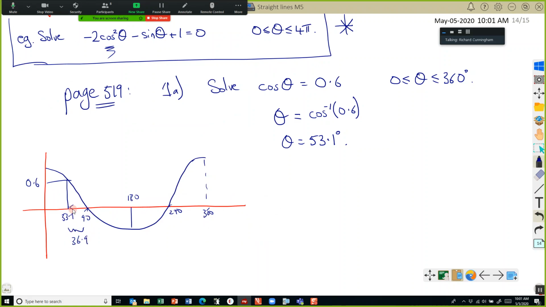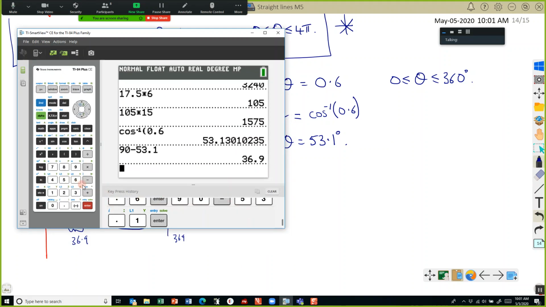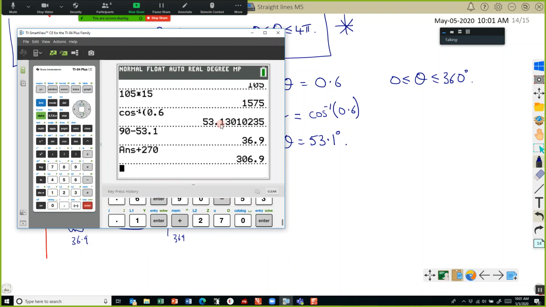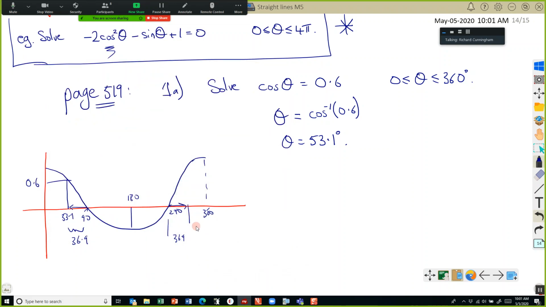So I want to go 36.9 in this direction from 270, which is going to give me 306.9. Because that's going to give me the same answer. So my two answers are 53.1 and 306.9.